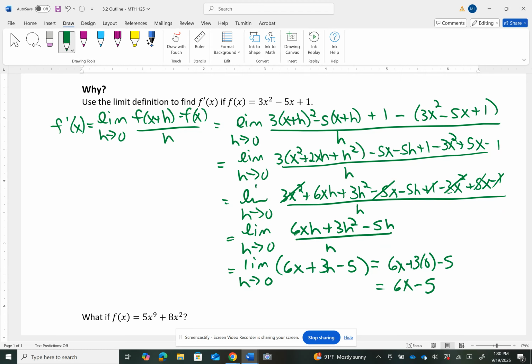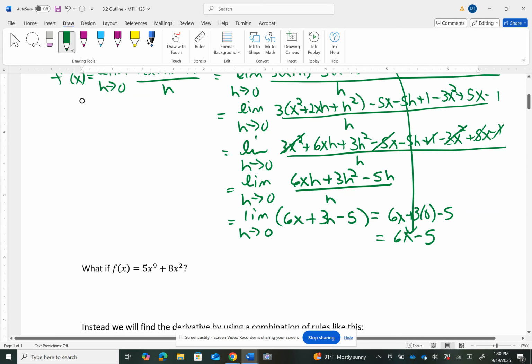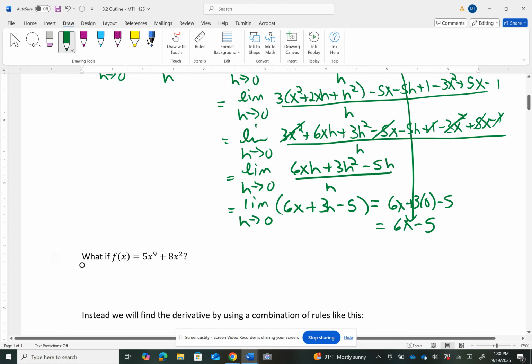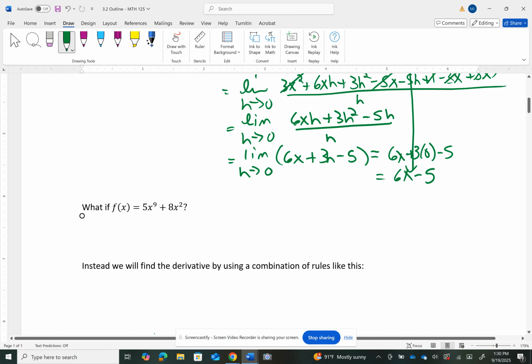If we need the derivative of a polynomial like this, we're going to be using a combination of those first four rules on that other page to get right from there to there without all of that algebraic process. Okay, this is extremely necessary if we had a function that maybe had a polynomial like this that's degree 9. Can you imagine what would be required?